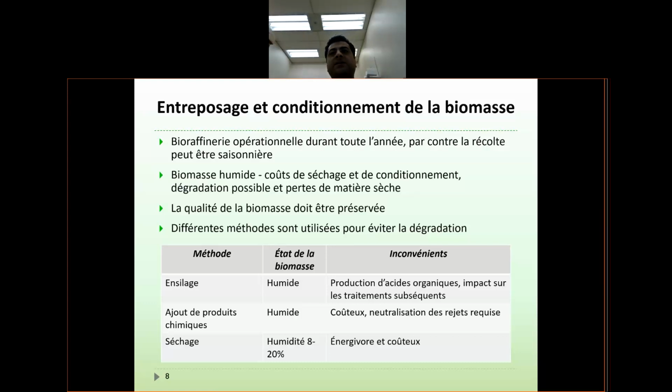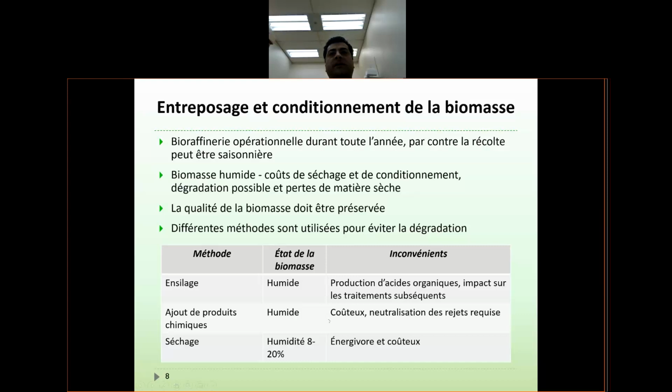This is the practice that traditionally is done for domestic animals to provide their food. But by doing so, your biomass will be in a humid environment and will become humid. So this could be a challenge. Just pay attention, because next time we are going to talk about the moisture of biomass.